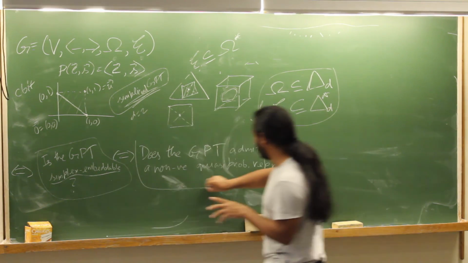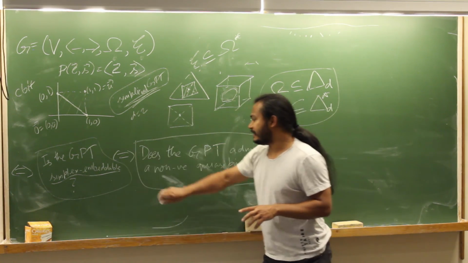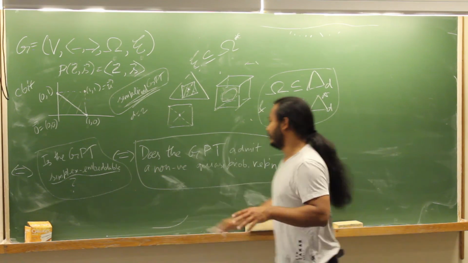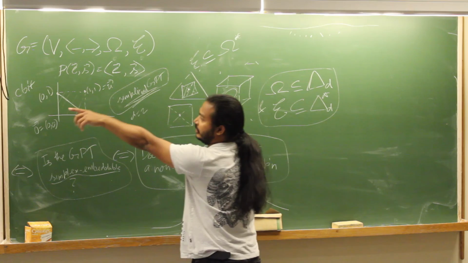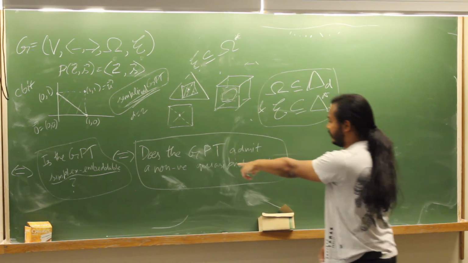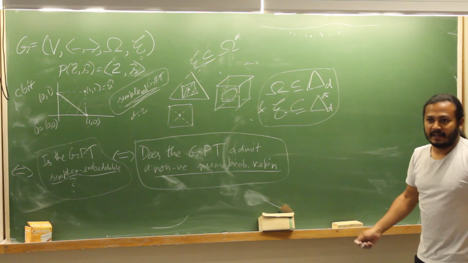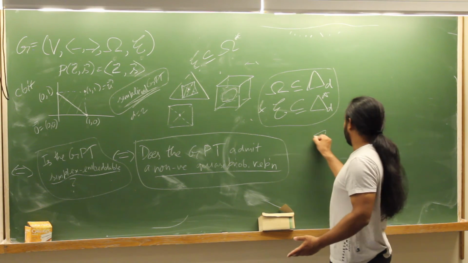And then this final part is basically this question of simplex embeddability is equivalent to asking if this GPT, corresponding to the operational theory, admits a non-negative quasi-probability representation. So if you remember, the definition of the ontological model looked like this, right?